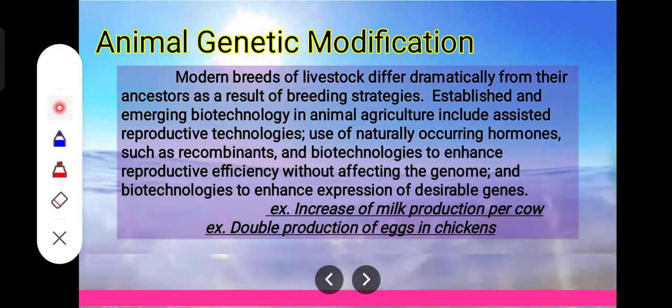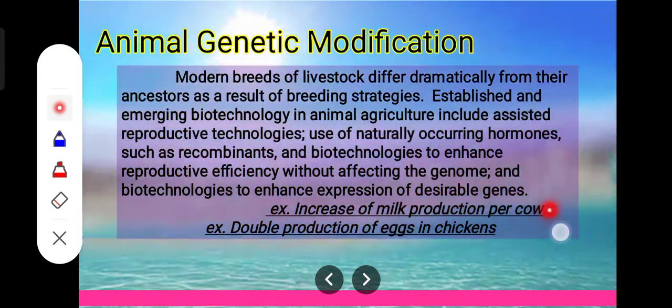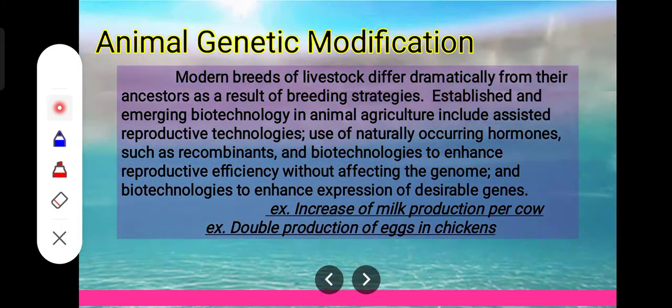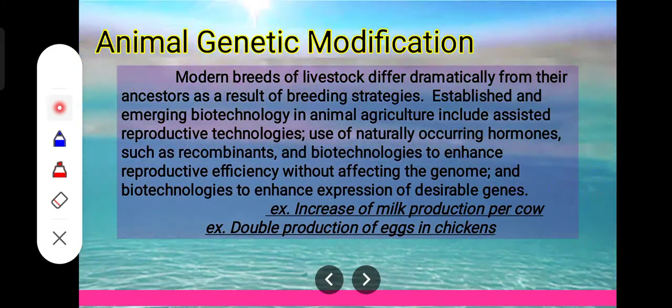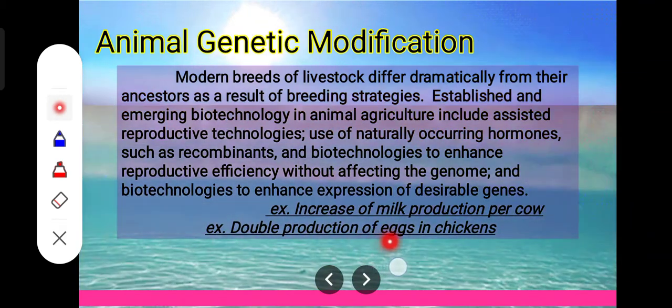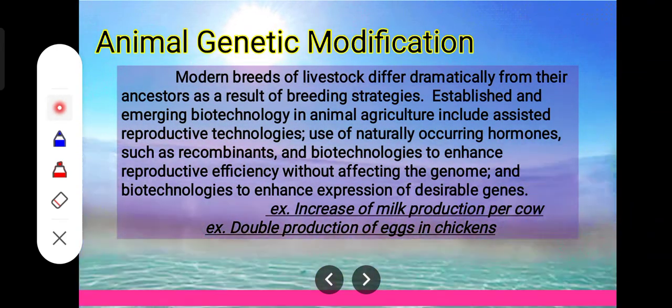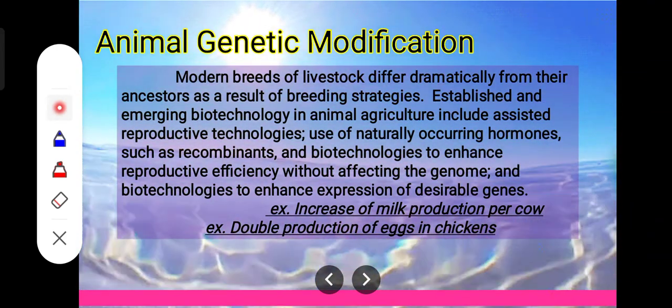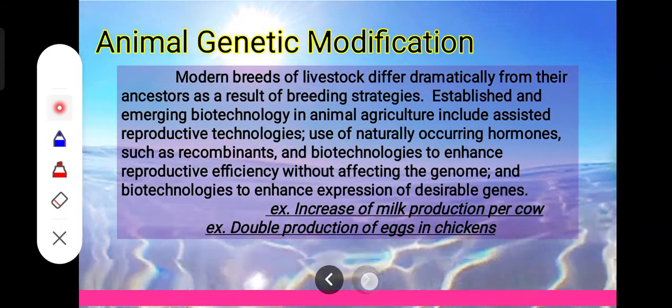Example, increase of milk production per cow. So they modify the cow in order to increase its milk production. Double production of eggs in chicken. So those are animal genetic modification examples.